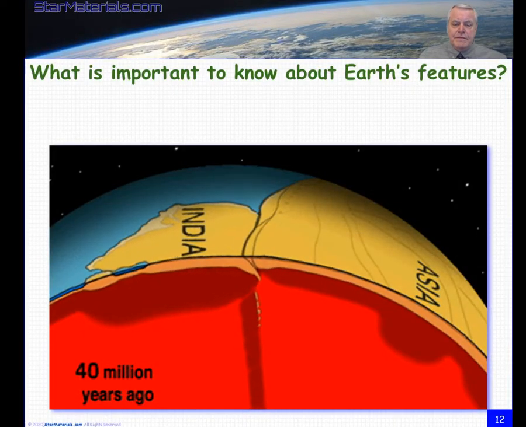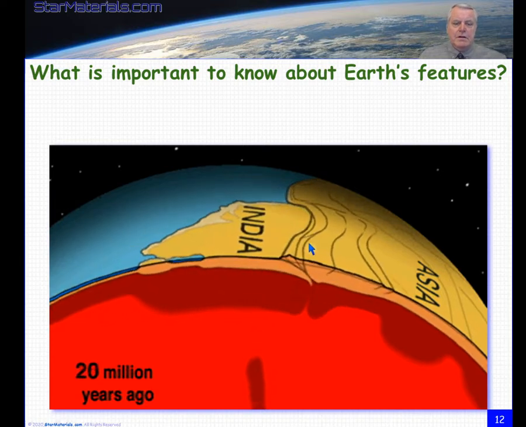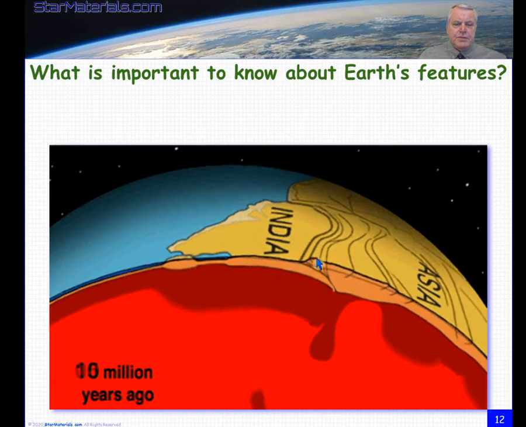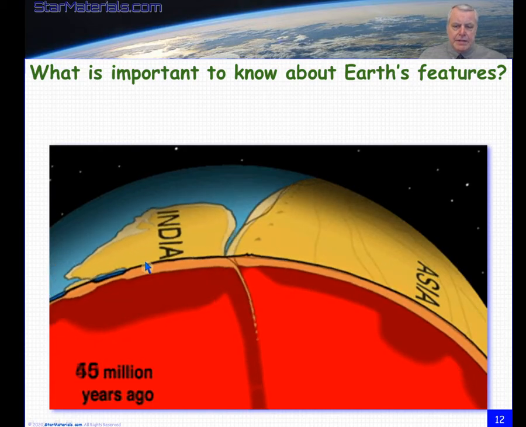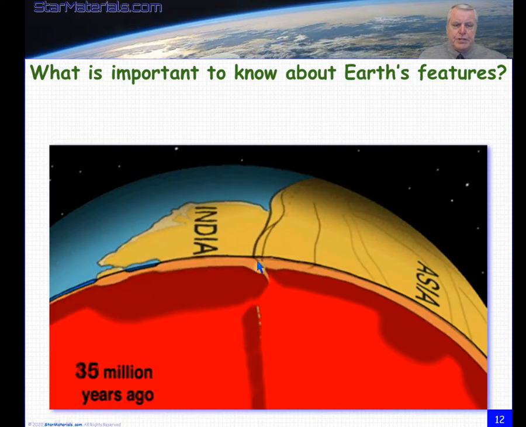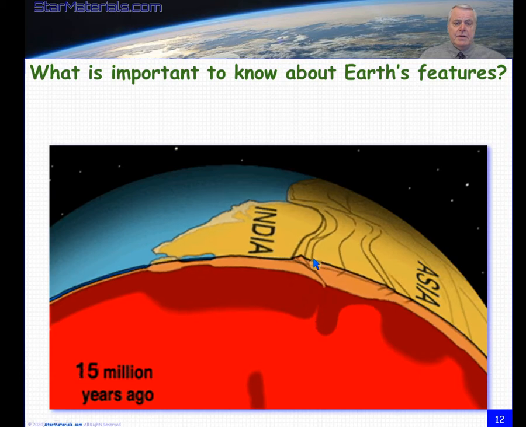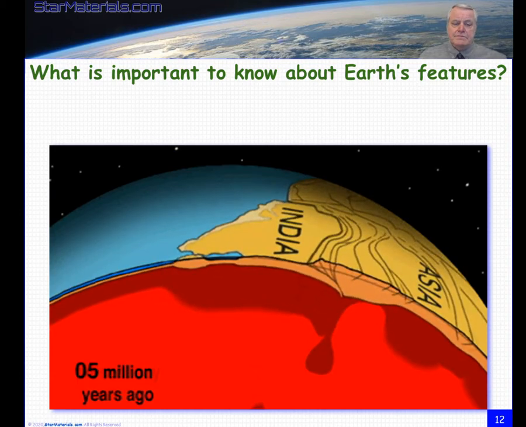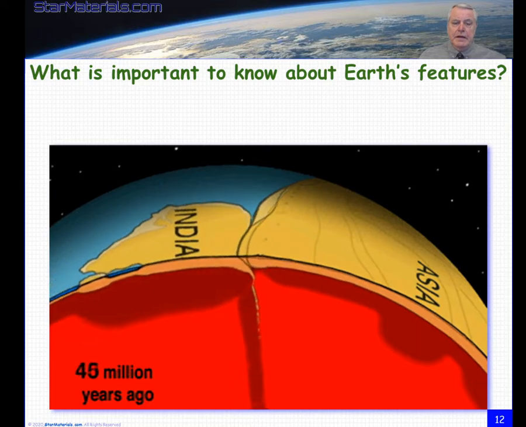This is really neat. This shows how mountains are formed. See this pushing up here? Here's what's happening. The India plate is pushing into the Asian plate on the surface of the Earth, down 100 miles, say. And they're colliding.